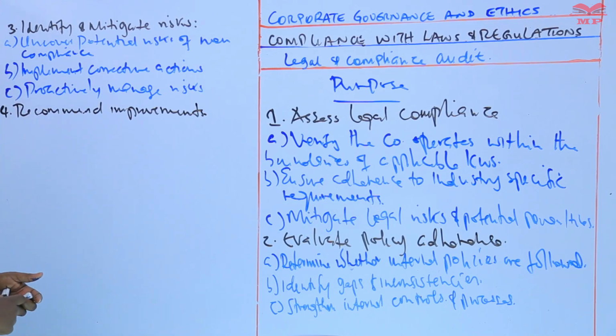Many things are changing, and therefore it's important to always carry out legal and compliance audit in order to recommend any improvements by providing actionable recommendations to strengthen the compliance program, or even suggest updates or enhancements to policies and procedures.